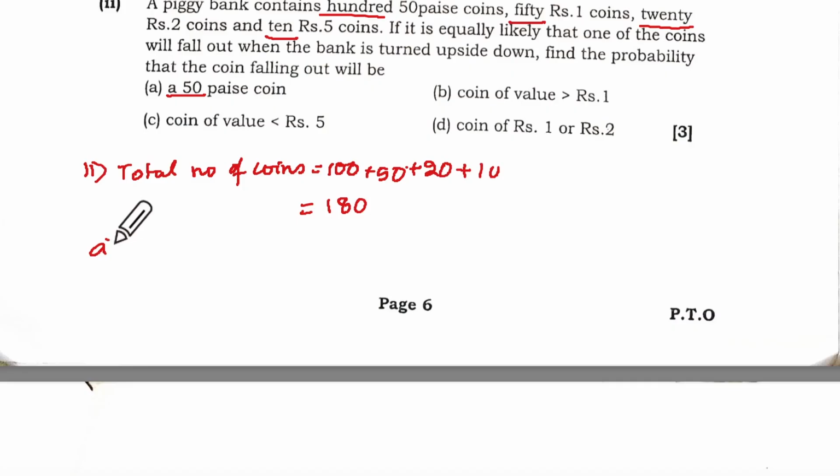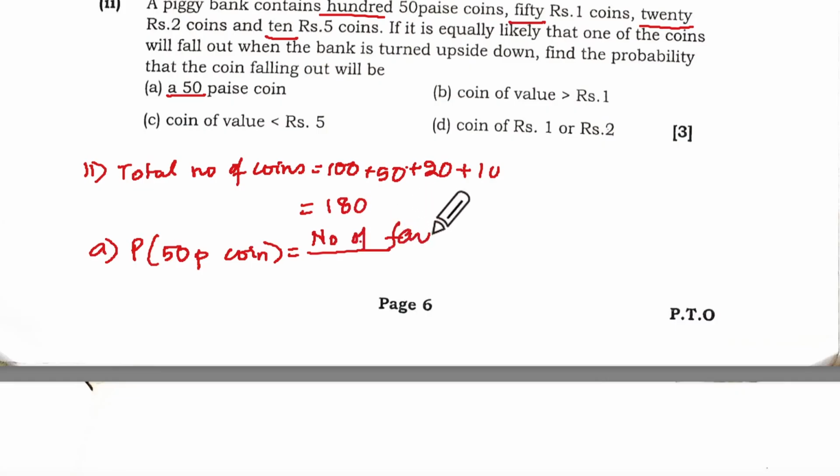So then A says probability of a 50p coin will be equal to number of favorable outcomes. Write the formula at least once. Don't just write the numbers.